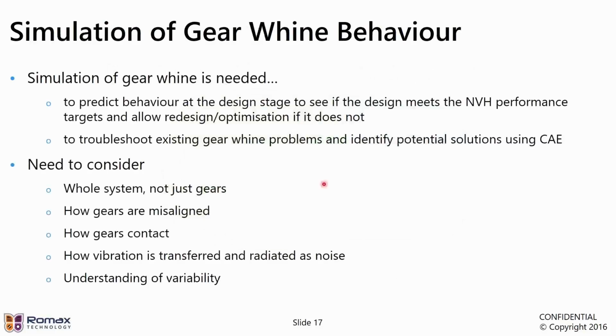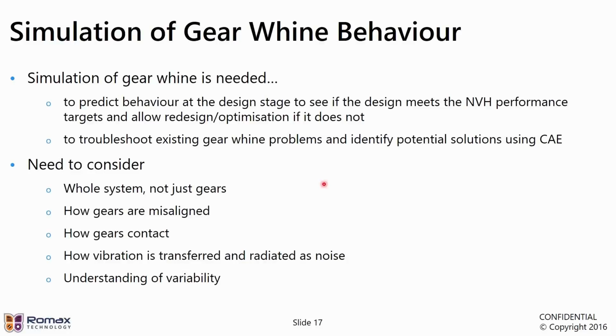So that's a very brief overview of what Whine is. We're now going to look at how we can simulate it. So we need to be able to simulate Whine for a number of reasons, but the main things being we want to be able to predict the behavior of our system at the design stage to see if it meets the required performance targets for noise. And usually, first time you design something, it's not going to meet the targets when you analyze it.